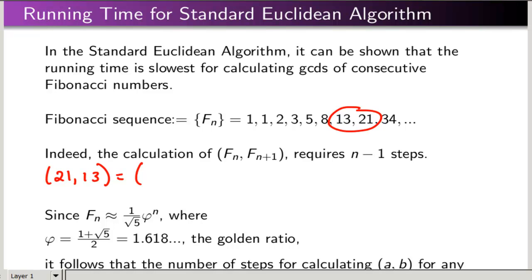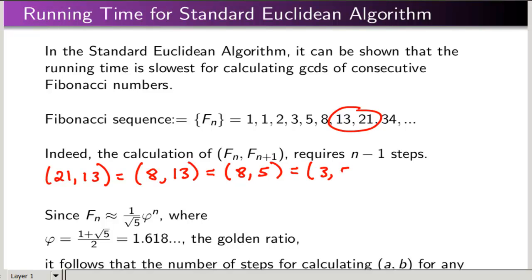So suppose you wanted to calculate the GCD of 13 and 21. Those are consecutive Fibonacci numbers. Notice every time you divide, the quotient is 1. 13 will go into 21 one time, leaving you with a remainder of 8. 8 goes into 13 once, with a remainder of 5. 5 goes into 8 once.